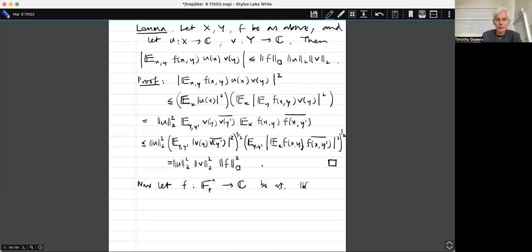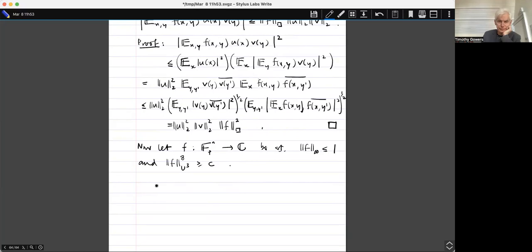And we're going to assume that its L infinity norm is at most 1, and that its U3 norm to the power 8 is at least c. And the question is, what can we say about f?